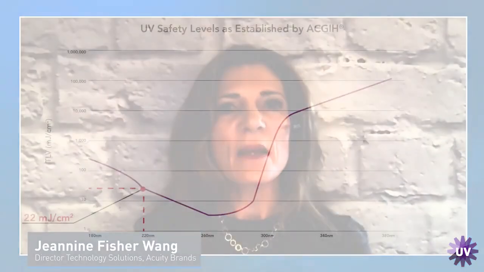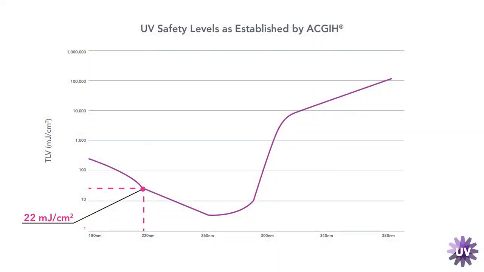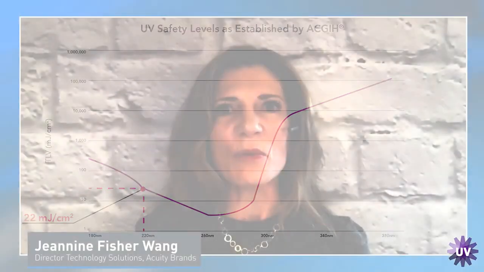And this organization establishes what are called time-weighted average threshold limit values, which are essentially doses that workers can be exposed to without adverse health effects. And these values are reported for 8-hour periods of time. So for 222 nanometers, that threshold limit value is currently set at 22 millijoules per centimeter squared. So that is the acceptable dose for this wavelength over an 8-hour period.